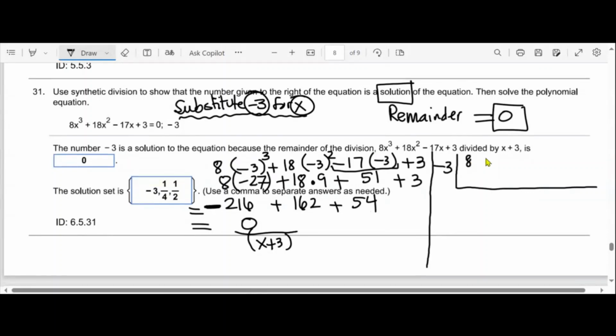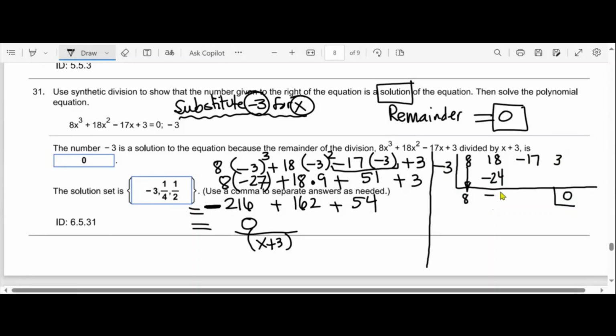The one that looks like a matrix. Yeah. So now look here. When I did this, what did I get at the end? Right. So let's try it together. We'll bring down the 8. Multiply by negative 3. What do we get? Minus 24. Add. Minus 6.